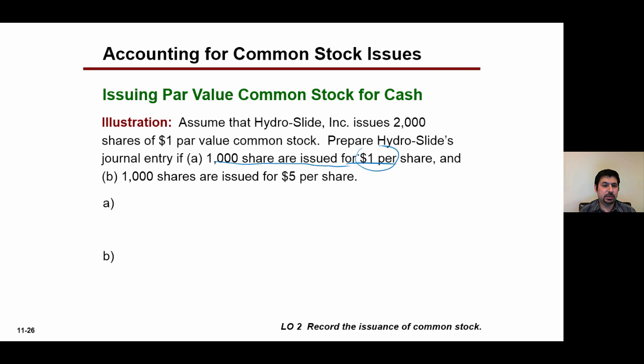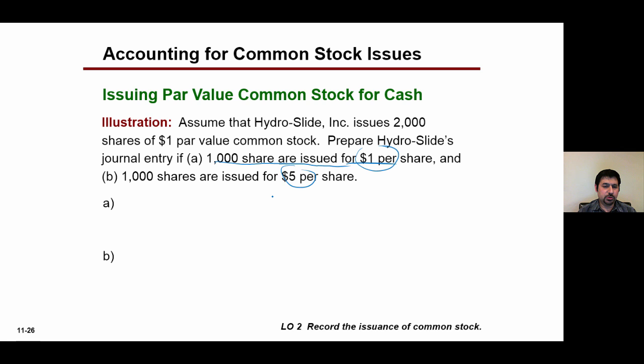The company is issuing par value stocks at par value. This is A. B: 1,000 shares are issued for $5 per share. Those are the same stocks; 1,000 were sold. When we say that the company issued stocks, it means they sold stocks.